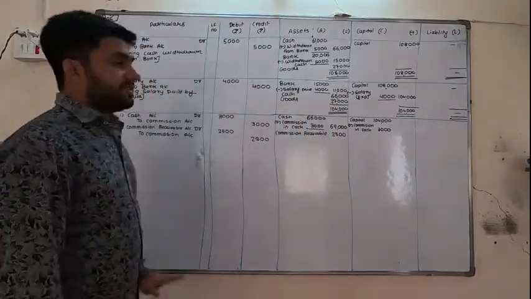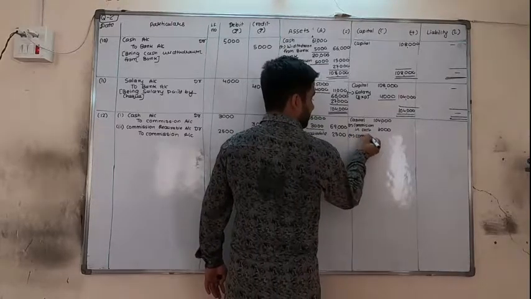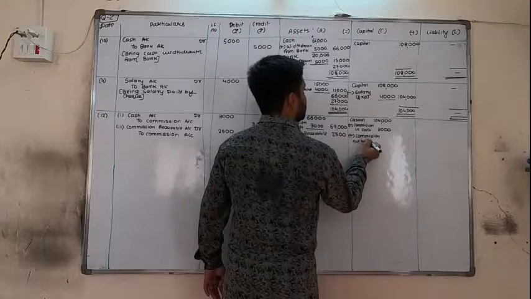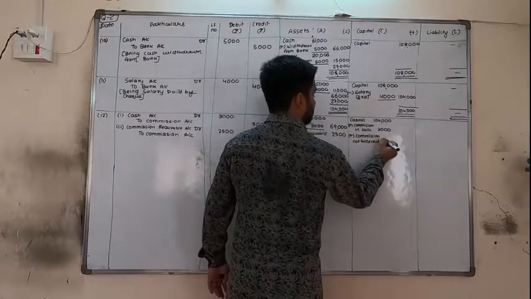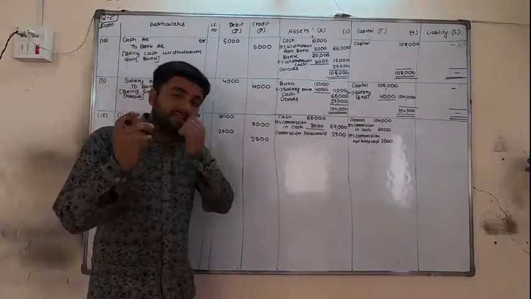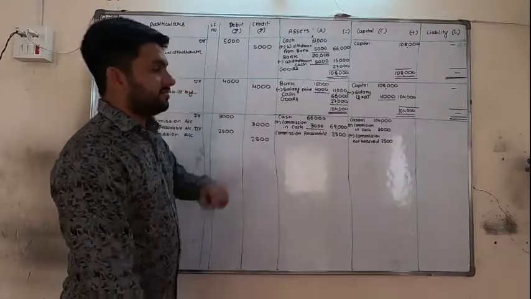And again to commission account credit, so again commission is there plus commission not received 2,500, but it is income. Cash is only not received, but income is there. So we have added to capital.